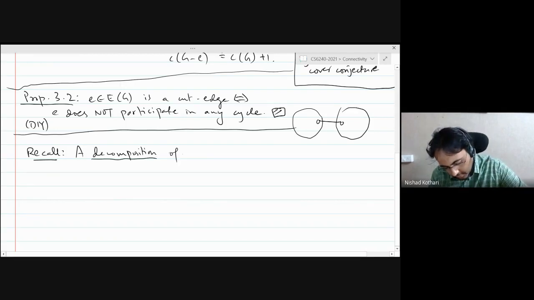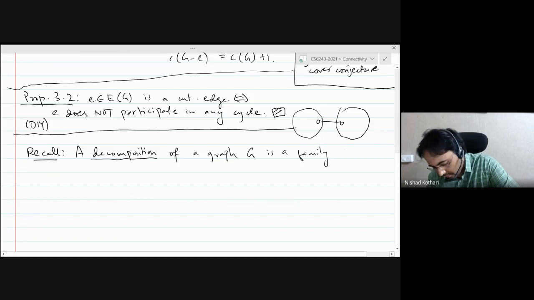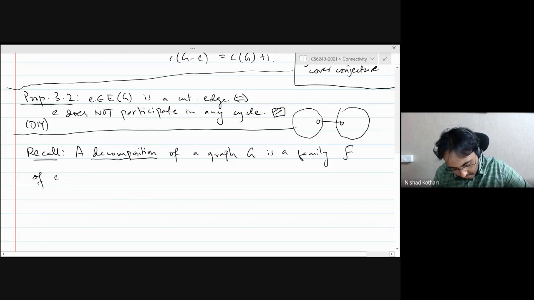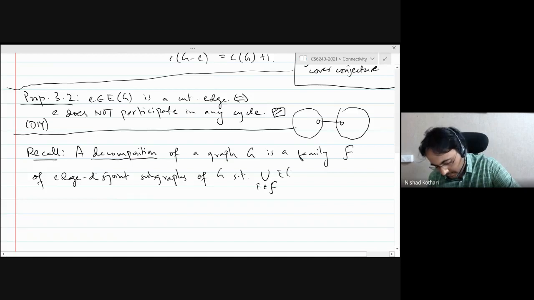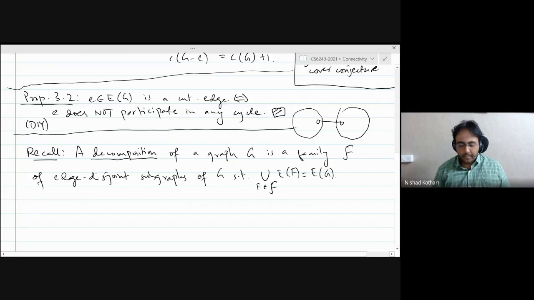A decomposition of a graph G is a family script F of edge disjoint subgraphs of G such that the union of all these subgraphs, if you take the union of their edge sets, you will get the entire edge set of the graph.